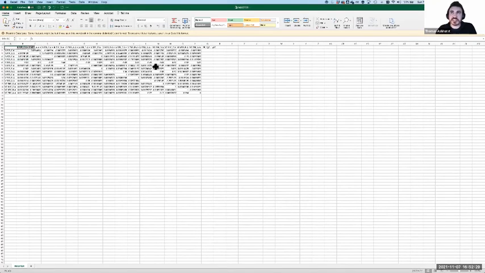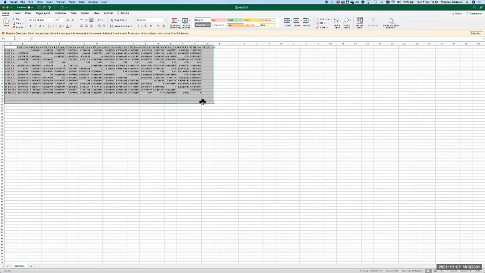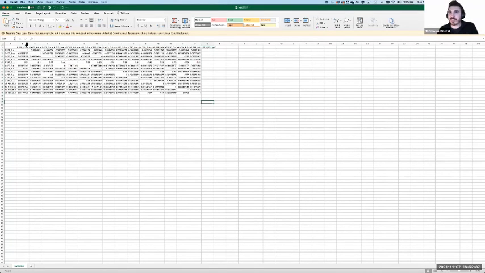Well, if I can show this, if you make a matrix, you can export it as a CSV file, and it just looks like this.